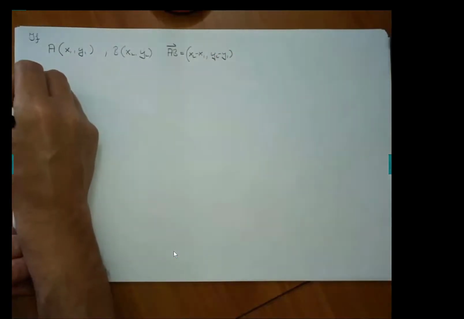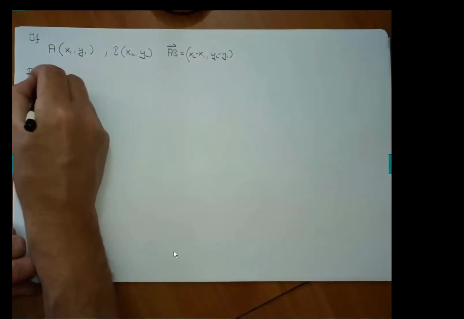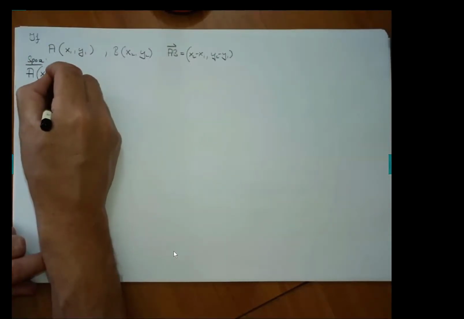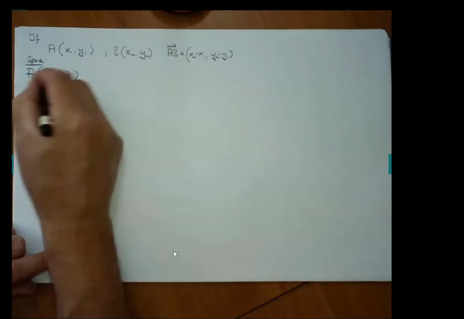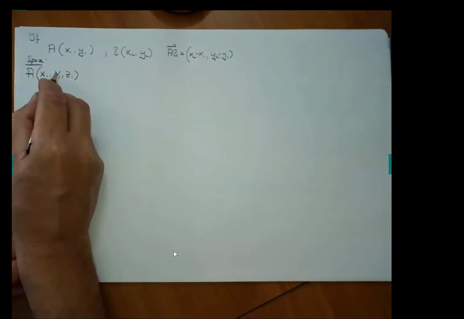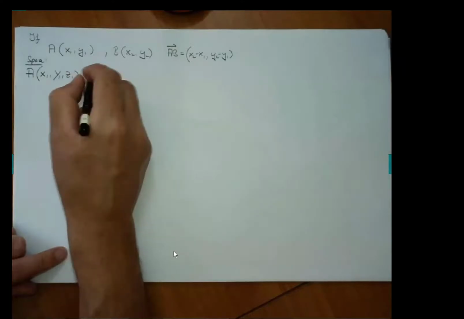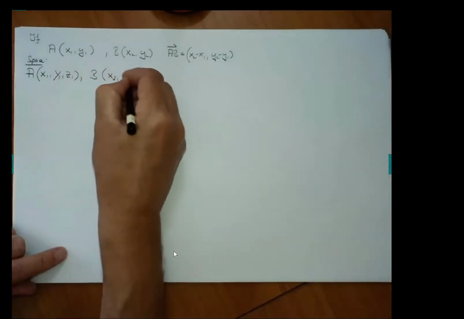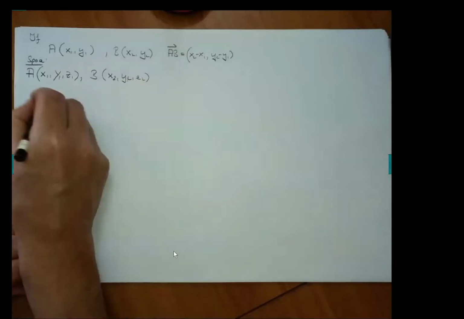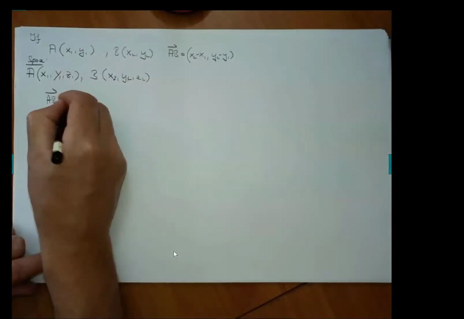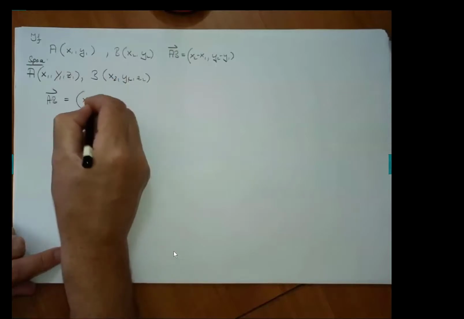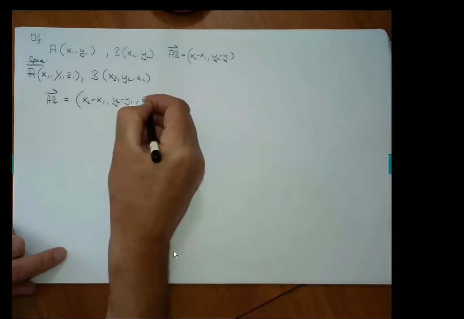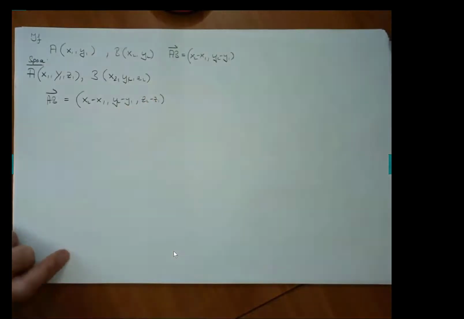And if you are in space with 3 coordinates, also 3D, you have x1, y1, and z1. So you have left and right, back and forth, and up and down. Then you have B with x2, y2, and z2. Then the connecting vector has coordinates x2 minus x1, y2 minus y1, z2 minus z1.